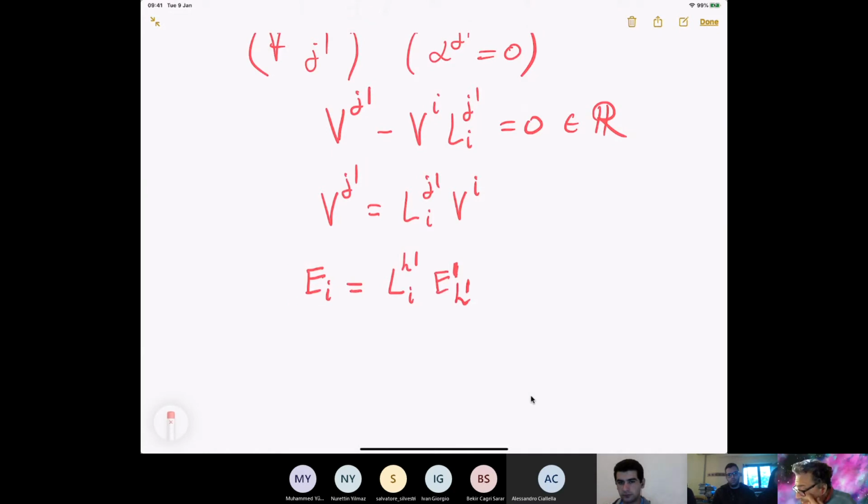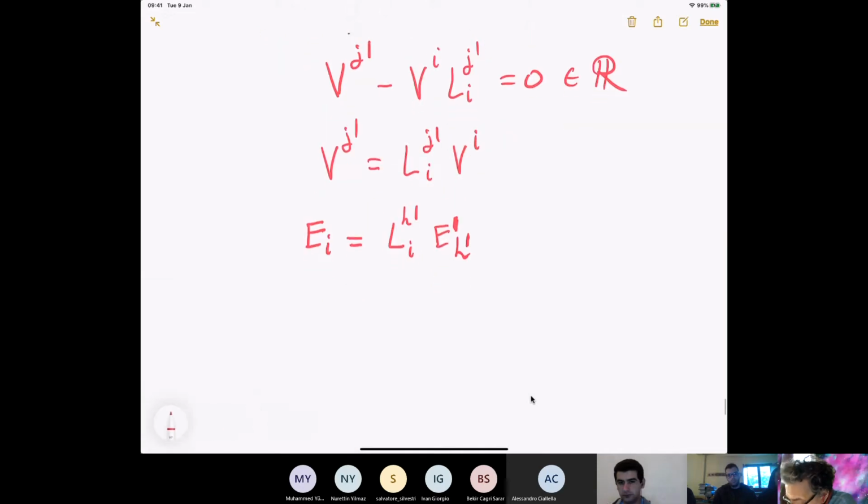Okay. So if I have the matrix transforming the primed into the old ones, the components in the old basis are transformed with the same matrix into the components of the vectors in the new basis.